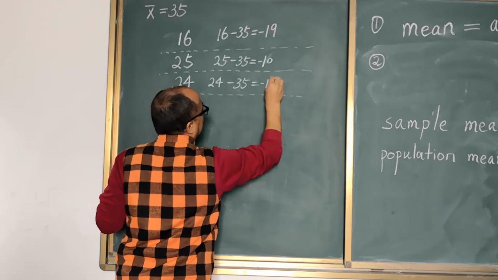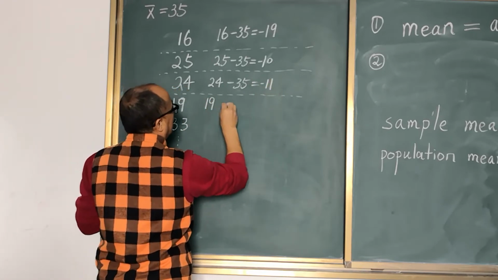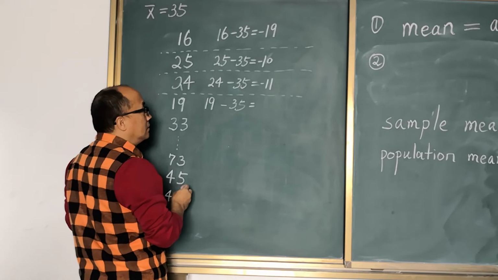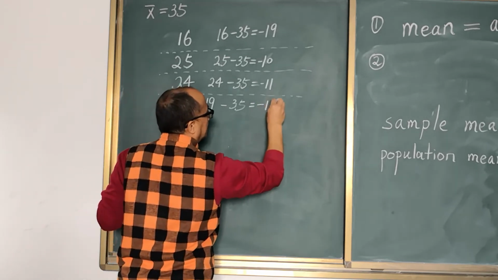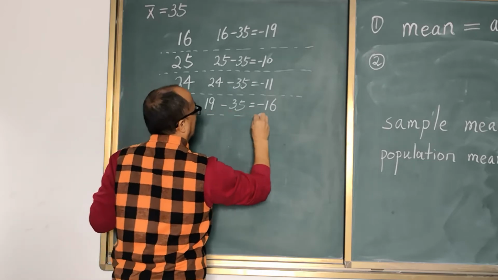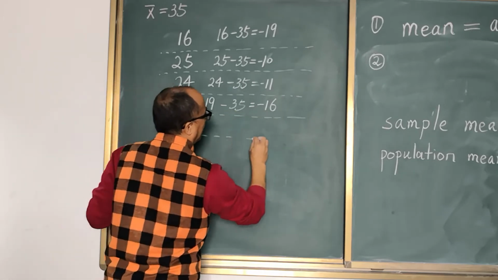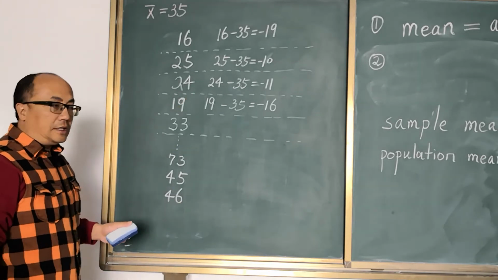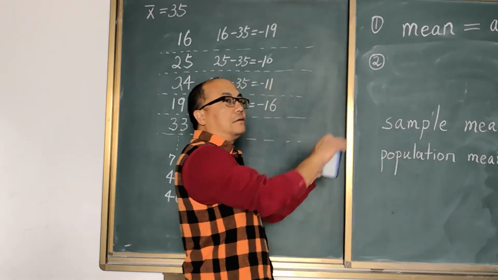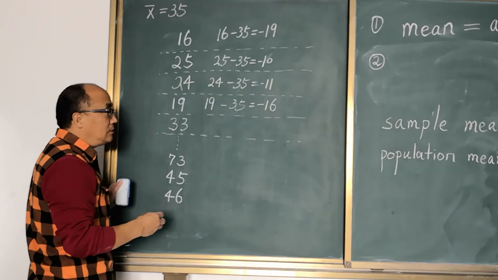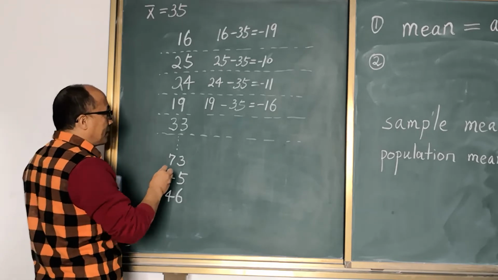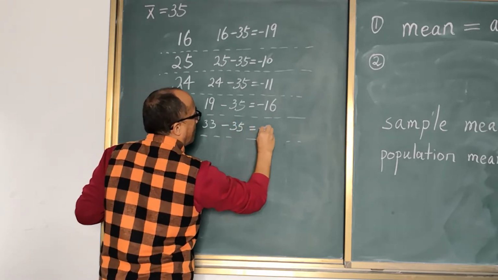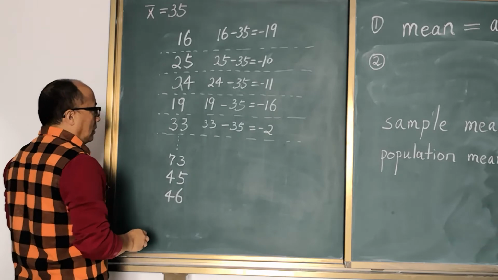Minus 11. As a student, this is when you need to learn this instead of just using Excel, and you do not have a sense of what's going on. And 33 minus 35, minus 2.